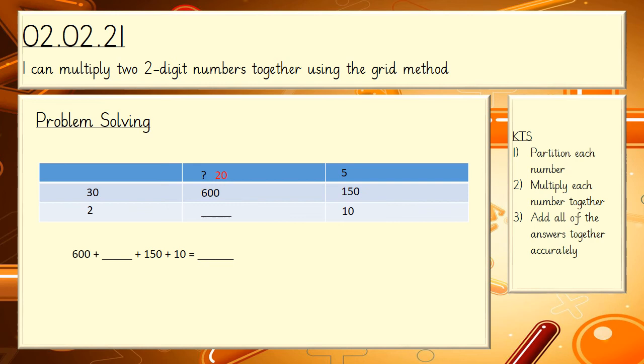So what is 20 multiplied by 2? 20 multiplied by 2 would be 40. Now if I add all those numbers together, I would get 800. And this is an example of something you'll come across in your problem solving. Pause the video here and solve the problem solving questions provided.